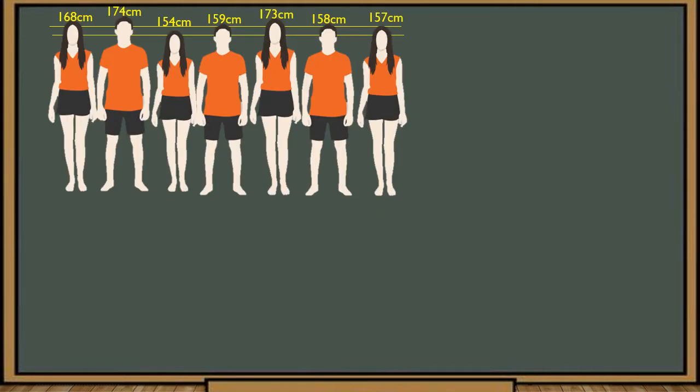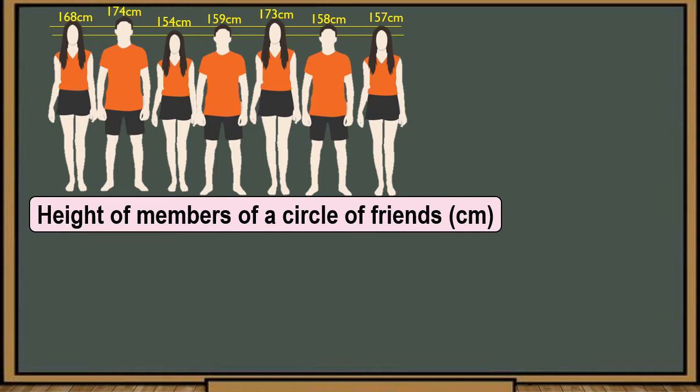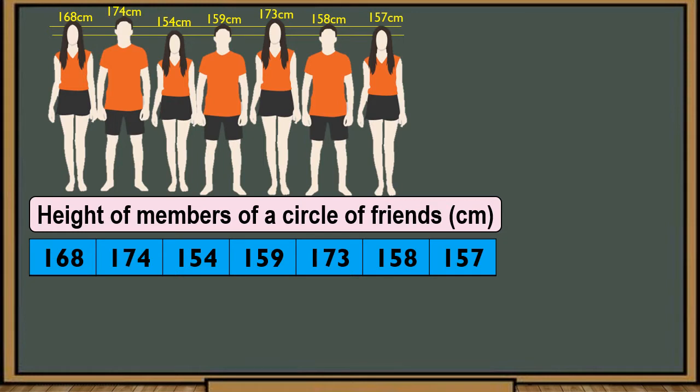We have here another example. Let's say we have the heights of members of a circle of friends in centimeters. There are 7 members in this group of friends, and their heights are measured in centimeters: 168, 174, 154, 159, 173, 158, and 157 centimeters.